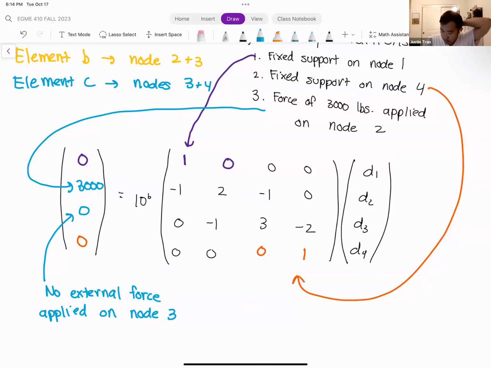Okay, and so that's it. Now that we have the system in this format, we are ready to solve.